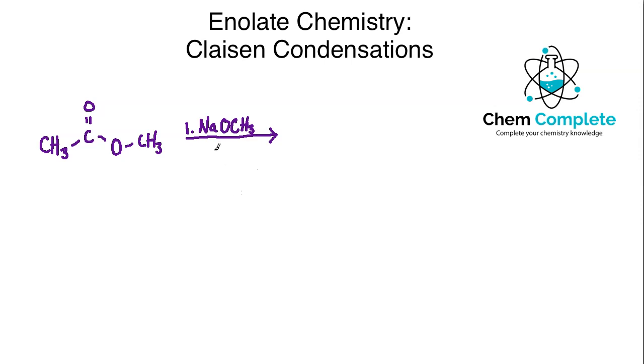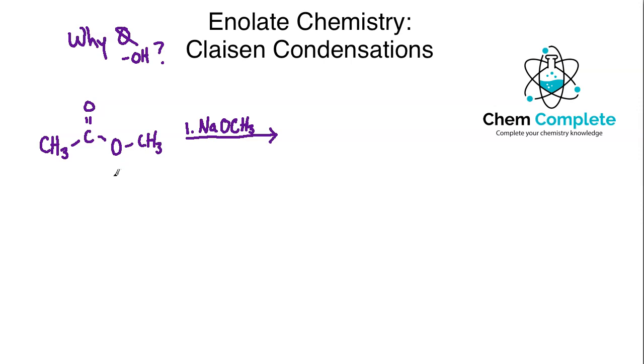Now, a lot of students will ask, why can I not use hydroxide? Because that's what we've been seeing in the aldol condensations. And the answer is that the use of sodium hydroxide with an ester is actually going to create a separate side reaction that you are not looking for here. And that reaction would be saponification.